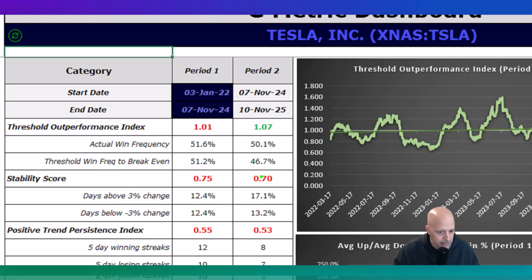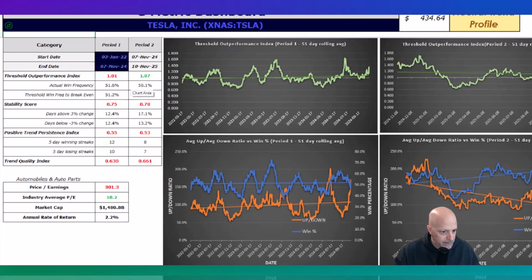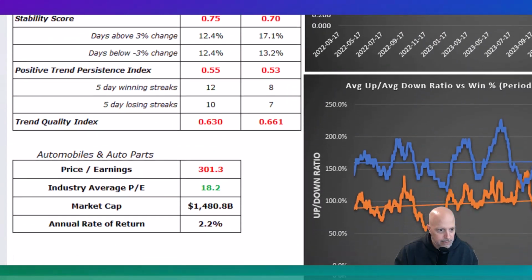All right, let's zoom out of here. I'm going to zoom in a slightly different place here. There. So now we're up to our positive trend persistence index. This is where I'm looking at 5-day winning streaks and 5-day losing streaks and counting them in the period as defined up above. So in period 1, Tesla had 12 5-day winning streaks and 10 5-day losing streaks.